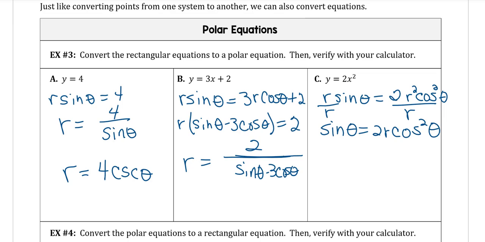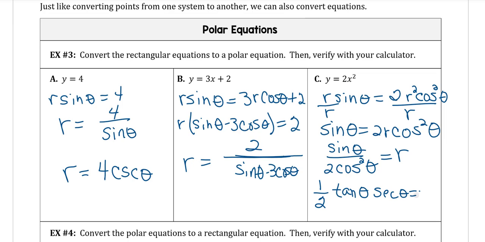Get r by itself. So I'll have sine theta over 2 cosine squared theta equals r. And now I can just rewrite that into a different form. So I have the 1/2. Sine over cosine is tangent. And then I am left with 1 over cosine, and that is secant. So here's the normal form of a quadratic in polar coordinates.